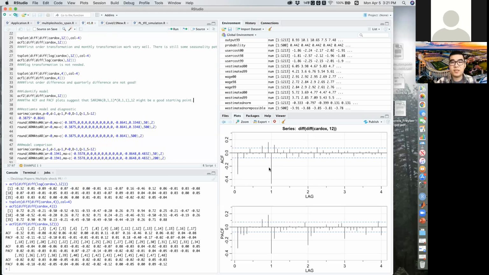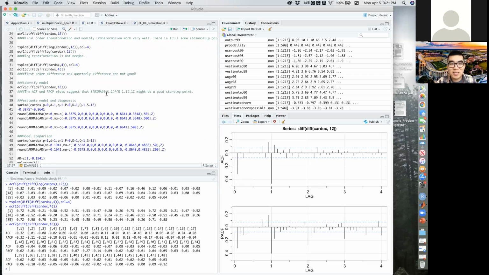The reason is that this ACF plot cuts off at lag number 12, and we see this seasonal tailing off for the PACF plot. So that's why we think that the SARIMA (0,1,1) times (0,1,1)12 might be a good starting point. But there might also be some other possibilities.